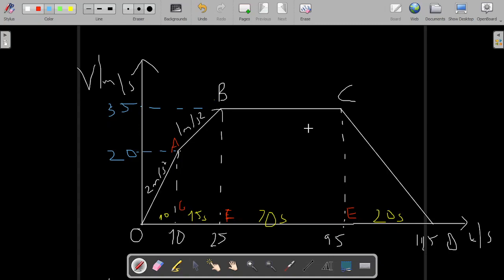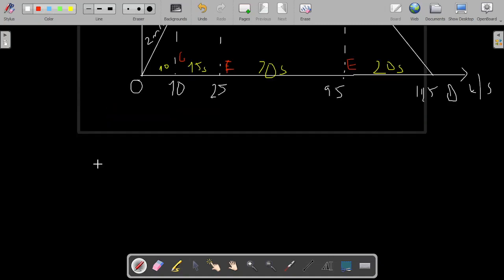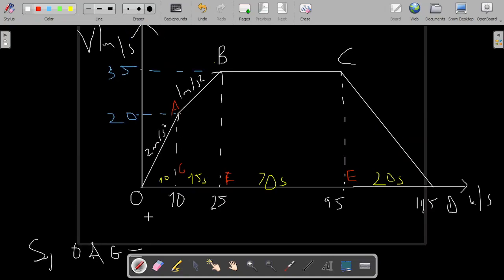Okay, now for the area of OAG, let's get that first, which is distance s1 equals half times base, which is 10 here, times the height here, which is 20. Then we got 10 times 10, which gives 100.